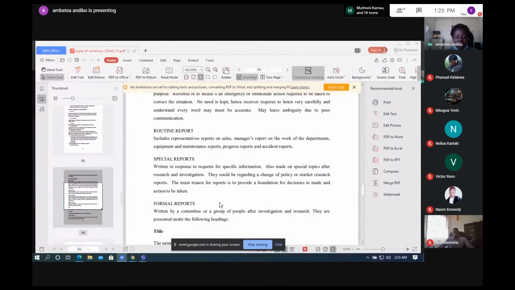You always have to have a maintenance report. There are things you do daily, then there are things you do weekly, then there are things you do quarterly. And sometimes if that machine is out of date, you have to change and do a total overhaul of the machine. So people who deal with cars and other things, you understand what I'm talking about. So that is the routine report.